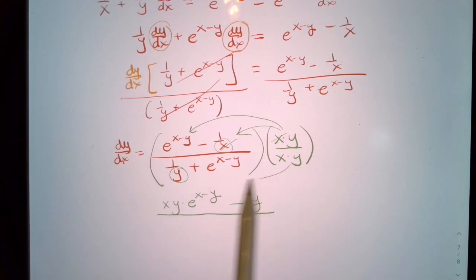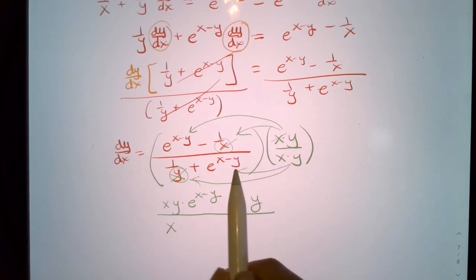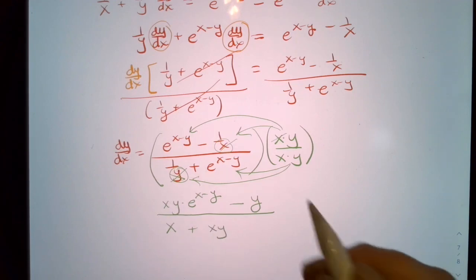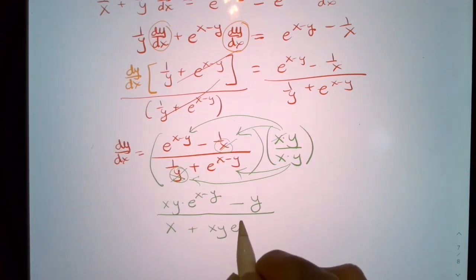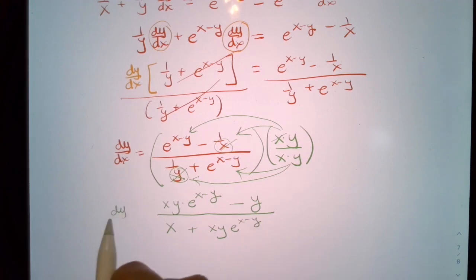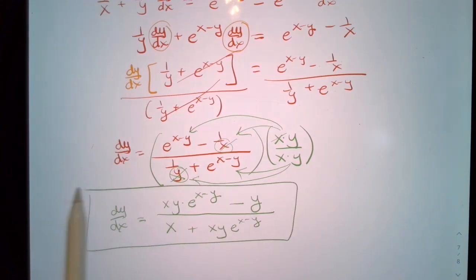That's what's going to allow you to cancel out the y. What do I have left? An x. And then your next term gets a little bit bigger. You have to say, look, I did multiply the e^(x-y) by x times y as well. There is your good looking derivative that all math people like.